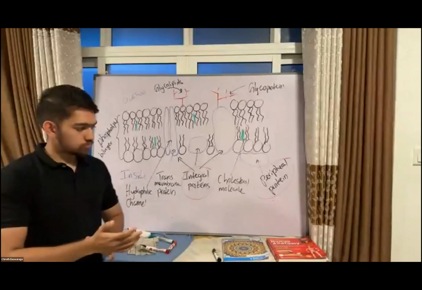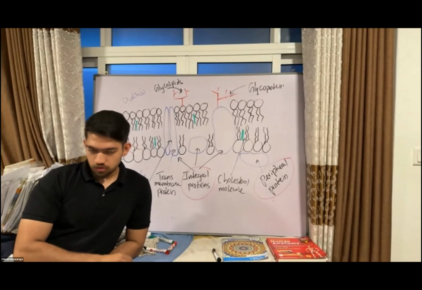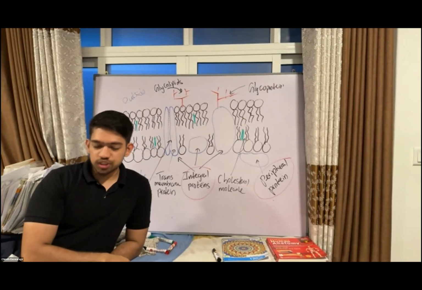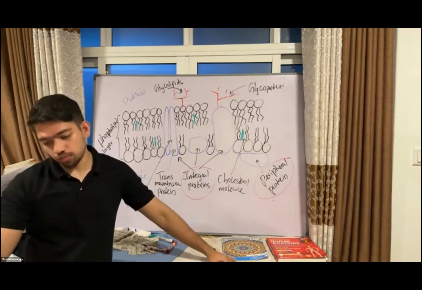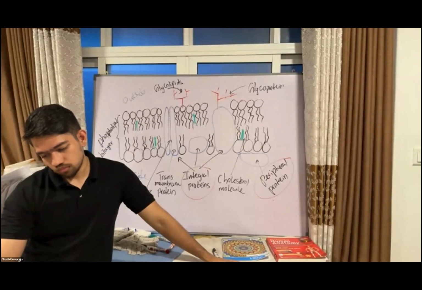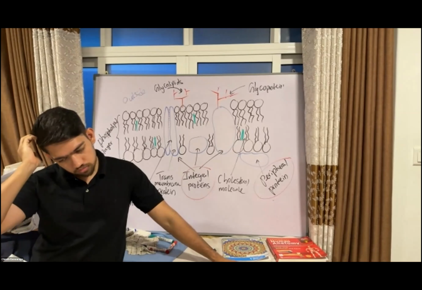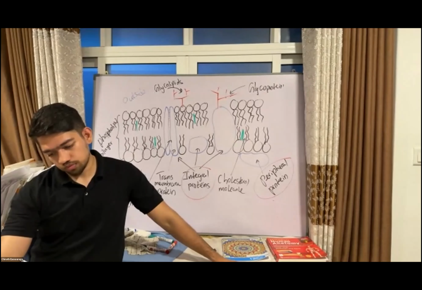In front of it, draw a small line and write: special integral proteins that penetrate all the way through the membrane. Transmembrane proteins.